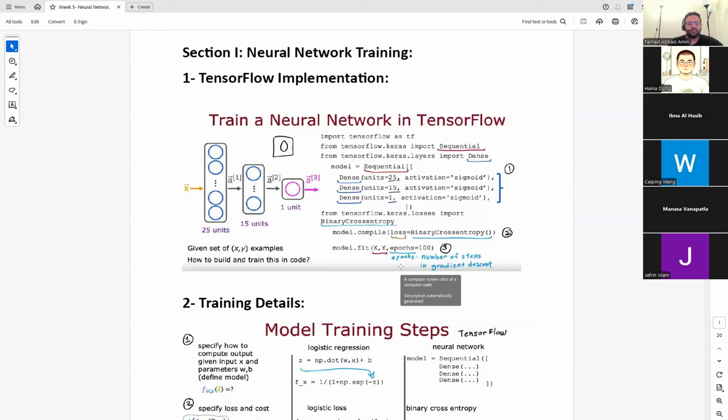From those optimum parameters, we have a comprehensive model, and then we can make a new prediction. If you give new input to your model, then you can make a prediction in an accurate way.